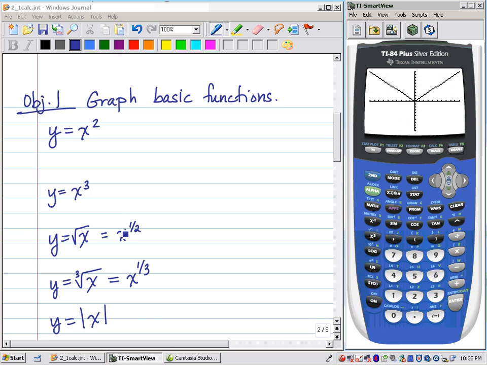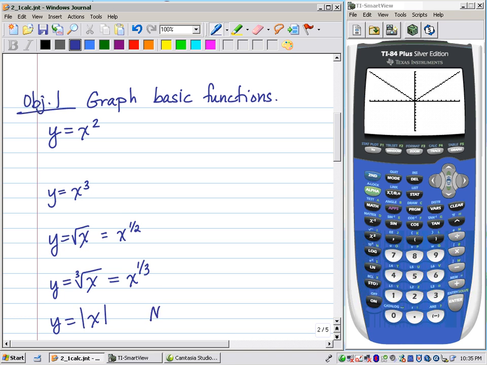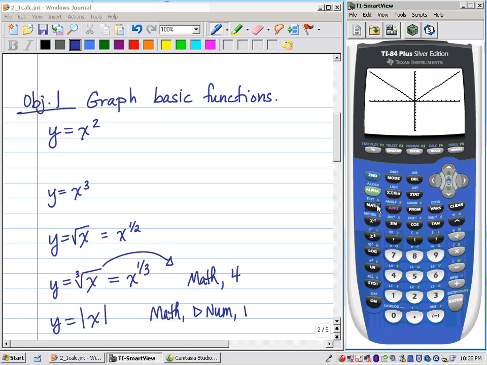So make sure that you remember how to go through that. So for absolute value, I had to do math, arrow to the number menu, and then option 1 is absolute value. And if I wanted to do the cube root symbol, I had to do math, and then option 4 was the cube root of x.